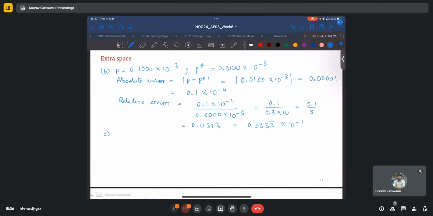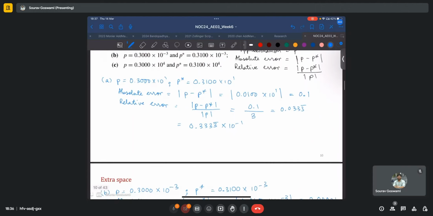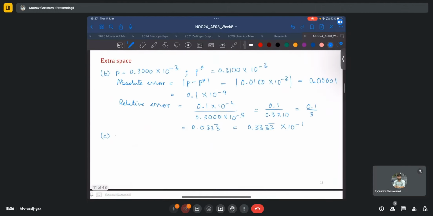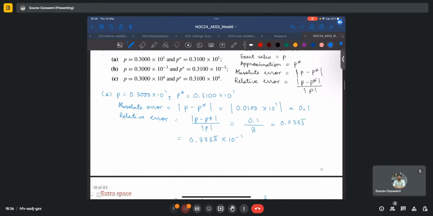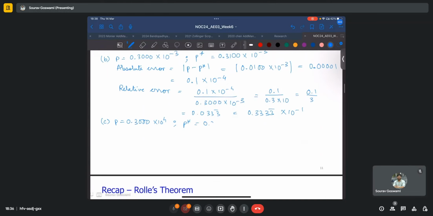Similarly, for the third case, p is 0.3 into 10 power 4. The approximation p star is 0.3100 into 10 power 4.